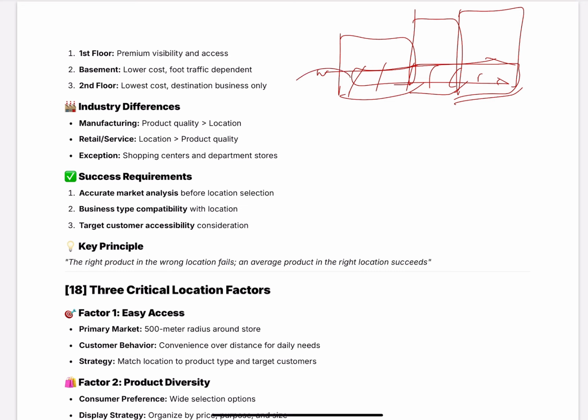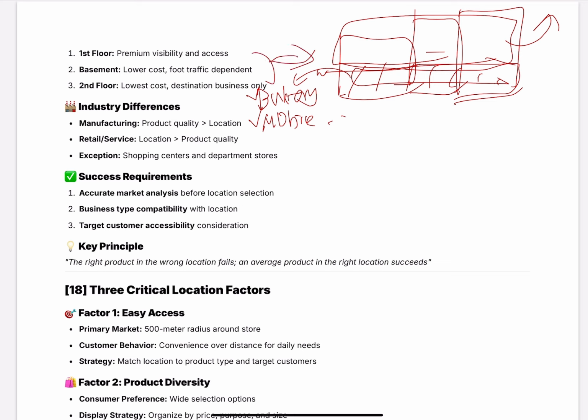For example, some bakeries, sometimes some mobile phone shops, like that. But on the second floor or above, there are a lot of offices, especially lawyer offices, something like that. So this can be explained by these three elements.